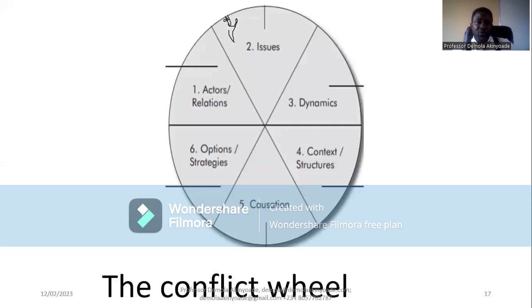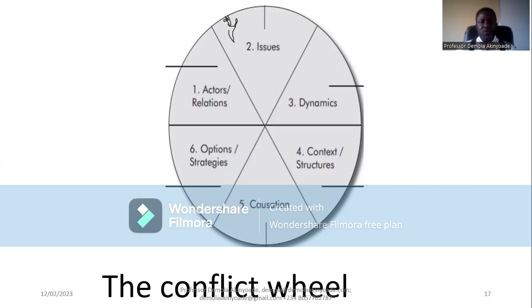This is what I mean. Look at the conflict wheel. Conflict wheel is both graphical and narrative, but is essentially graphical in the sense that it breaks down conflict into 6 parts, 6 sectors.